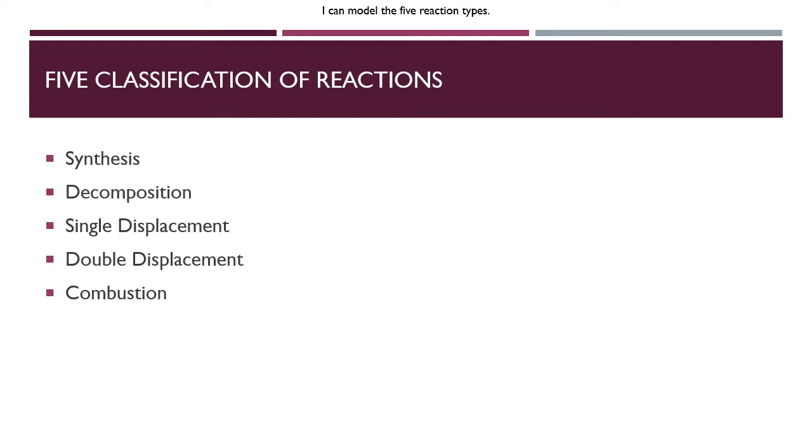Now, these 5 classifications work very well for classifying simple reactions, which is generally what we are learning about in this class. Over the course of your study of chemistry, you will certainly find many reactions that do not fit neatly into any one of these categories.